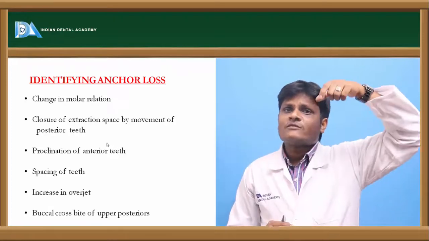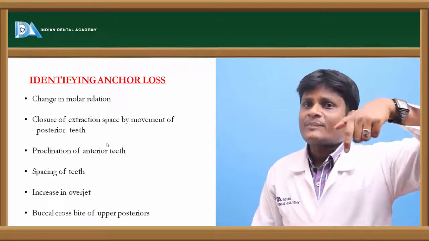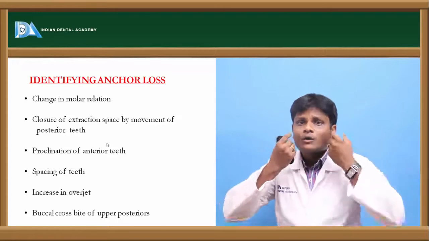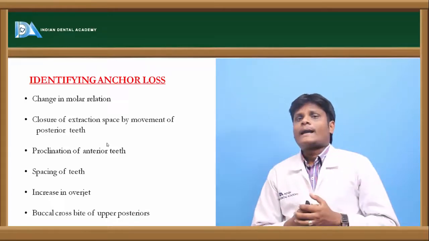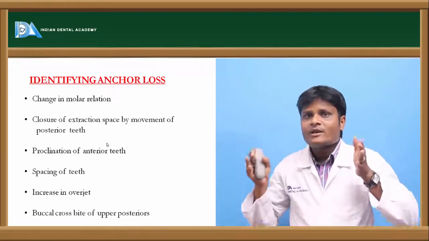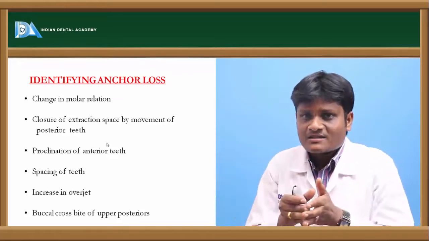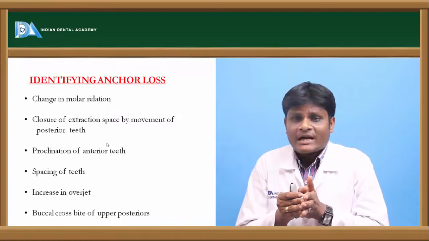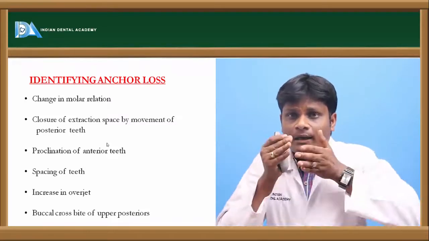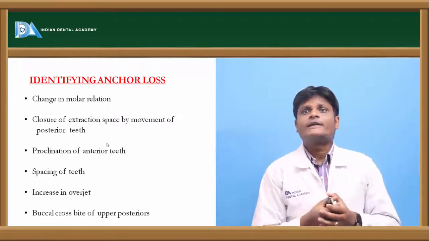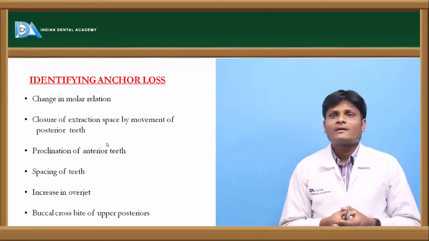The anchorage loss in vertical space might appear as opening up of the bite or closing up of the bite, and the anchorage loss in the transverse plane will result as either constriction of the arches leading to mandibular buccal crossbite or expansion of the arches leading to maxillary buccal crossbite.